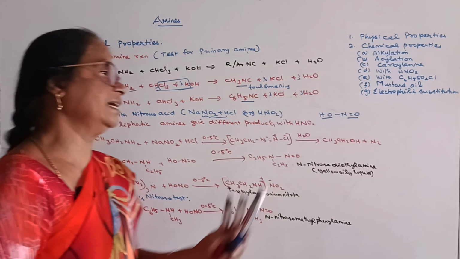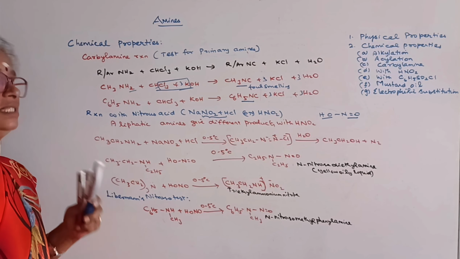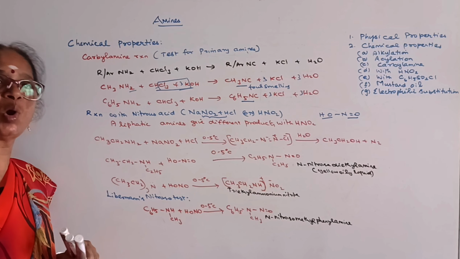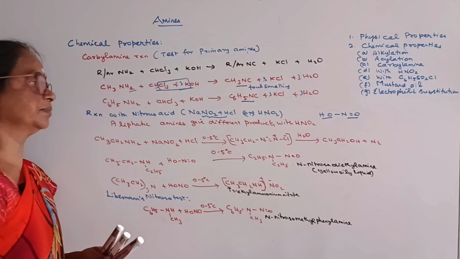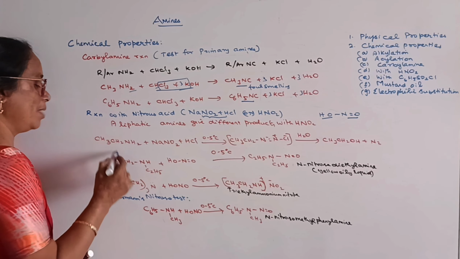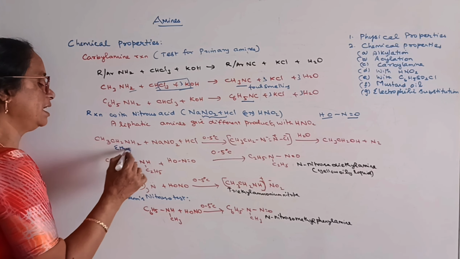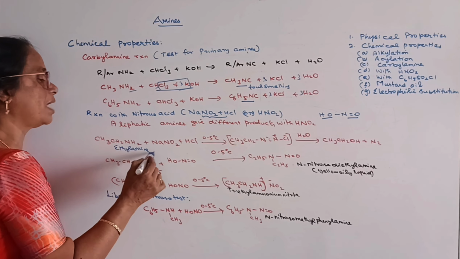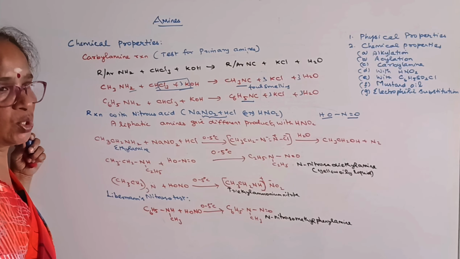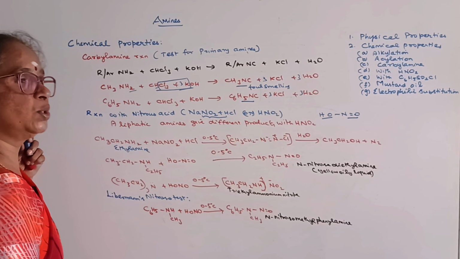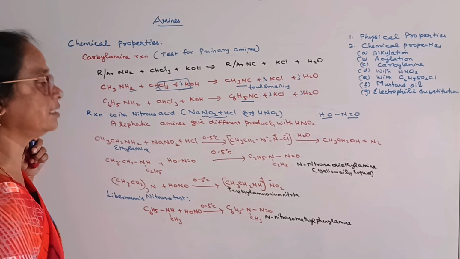So with this nitrous acid, the aliphatic amines give rise to different products, depending upon whether they are primary, secondary or tertiary. Suppose I take a primary amine, ethylamine, and treat it with sodium nitrite and HCl, keeping the reaction temperature 0 to 5 degrees Celsius or 273 to 278 Kelvin.